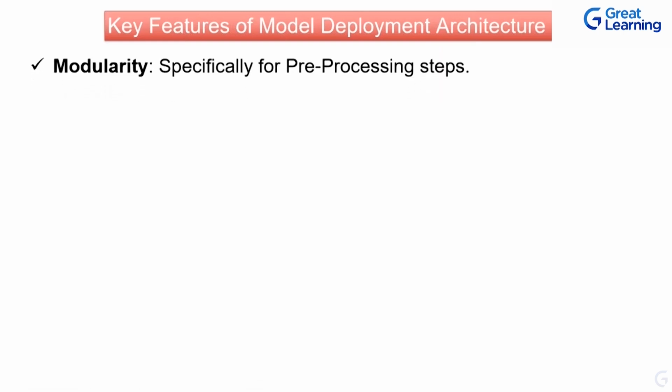First is modularity. Why we say modularity is key for a model deployment, and specifically the pre-processing steps, is because sometimes the requirement is not just limited to doing a prediction from the data which is available. I'm sure you would have seen it in the modules.